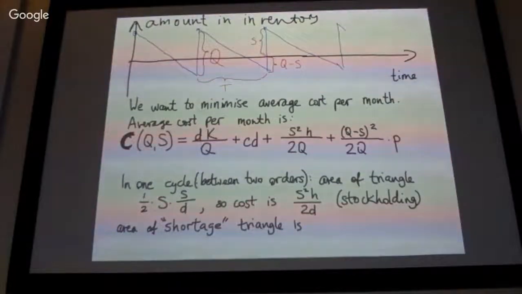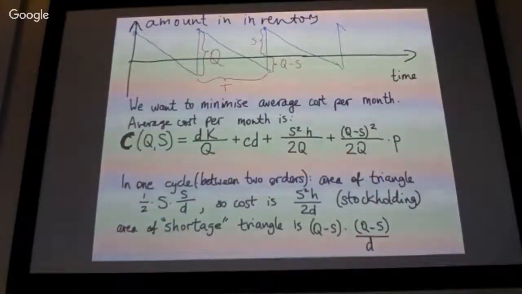Similar, except we have Q minus S instead of S. So Q minus S is one side, another one is Q minus S divided by D, and this times 1/2.